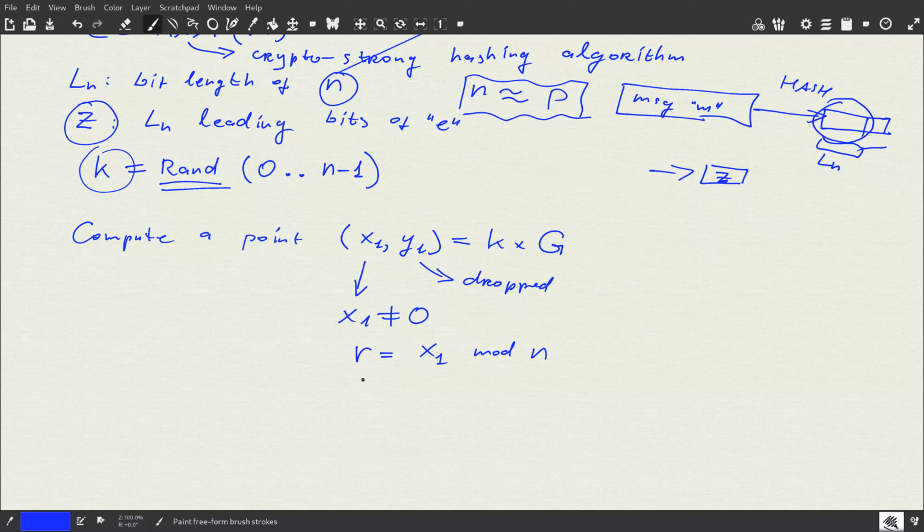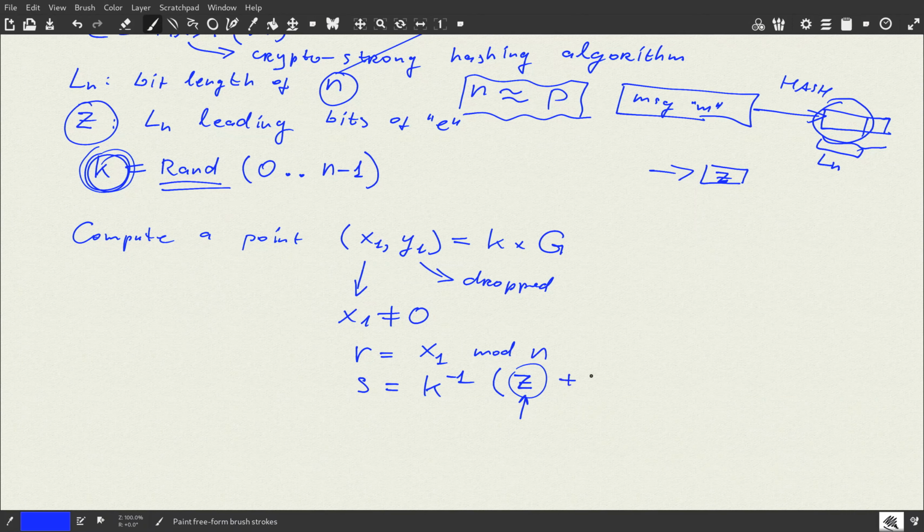And we compute S, which is the inverse of that K, of Z, and Z is precisely our truncated hash. So that's precisely what we really need to sign.